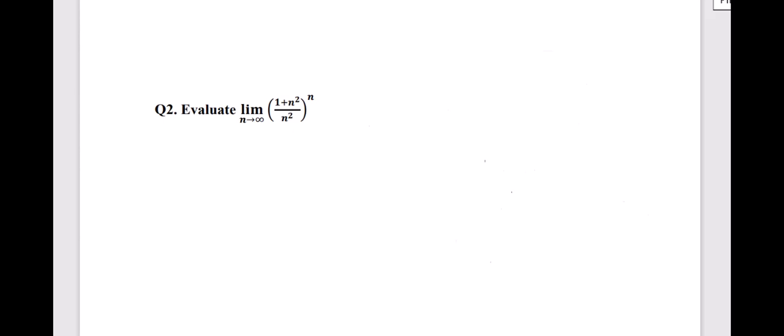Okay, so let's look at this example 2 and the limits of sequences, how to evaluate them. Here we are not going to prove the limits, we are just going to evaluate the value.